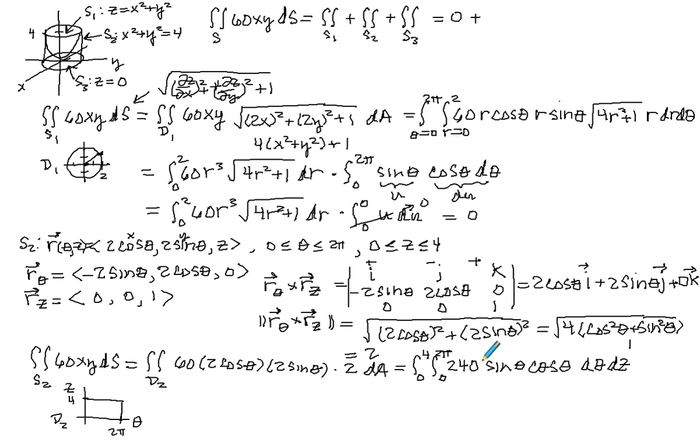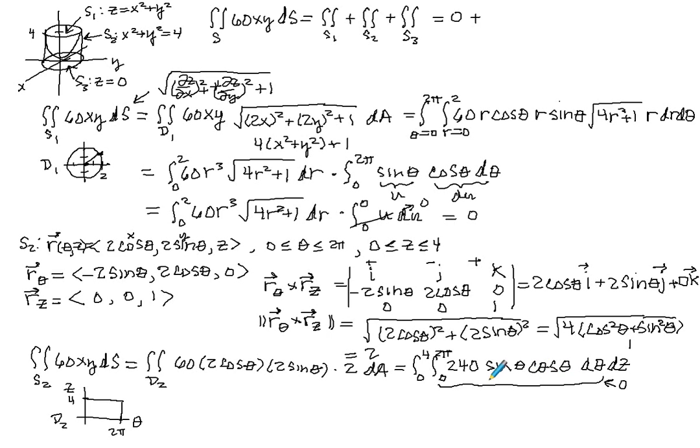And so for this theta integral, notice we've got a sine theta, cosine theta, and that's what we had up here again, from 0 to 2 pi. So this integral right here is just 0. Okay, we just did one like that. It's a u substitution. U is sine theta, du is cosine theta d theta.